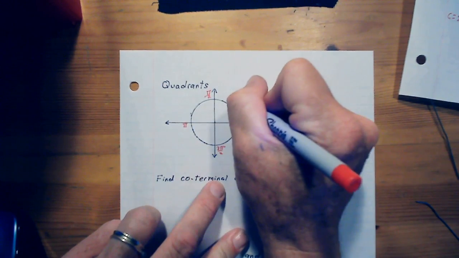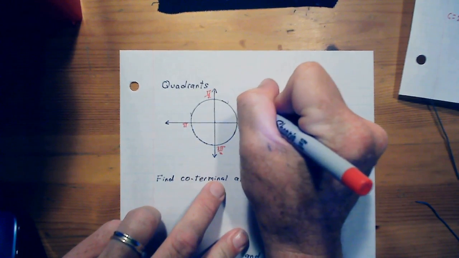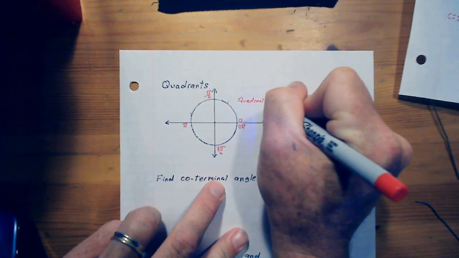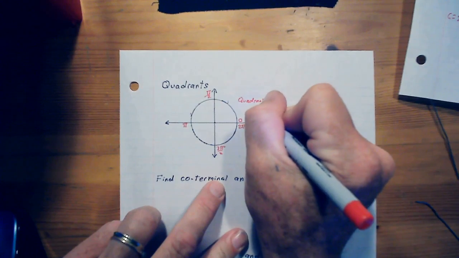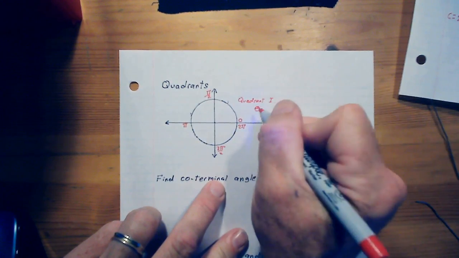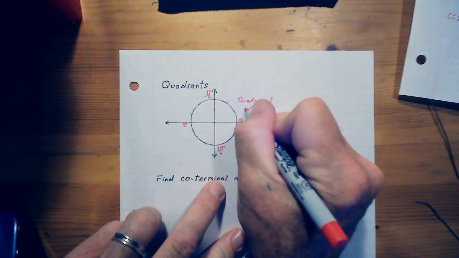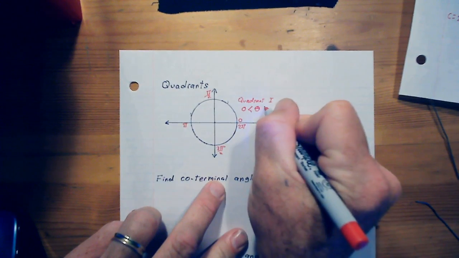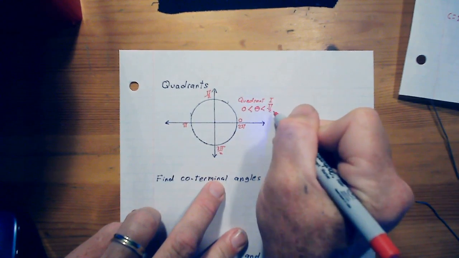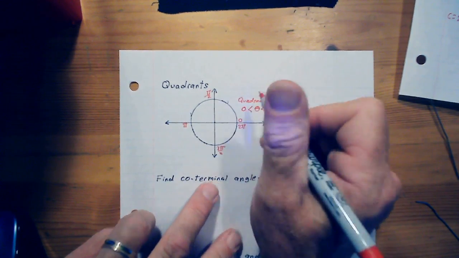So this is quadrant 1. And in quadrant 1, all my angle thetas are greater than 0 radians and less than pi over 2 radians. They're all between there and there.